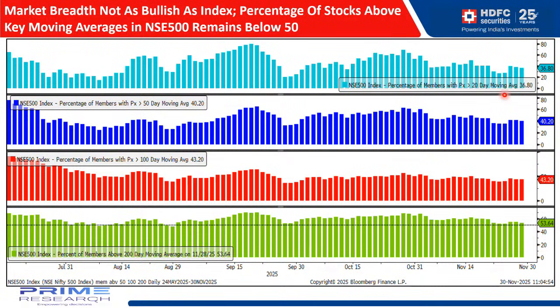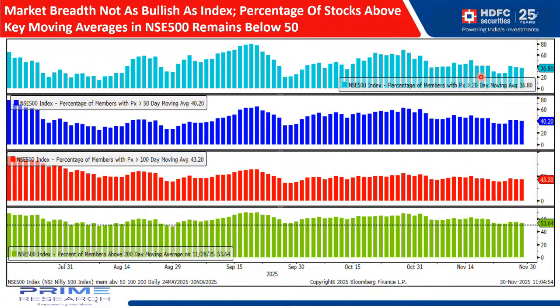What does this indicate? This indicates that even if Nifty is at an all-time high, the majority of stocks are not performing at all. The stocks which are part of Nifty can move up because of short covering by the FIIs. But here we can see an altogether different picture, because any number below 50 in the NSE 500 indicates that very few stocks are performing in this market, and it is very challenging for traders to generate momentum and alpha by just buying and keeping for 2 days and getting 5%.